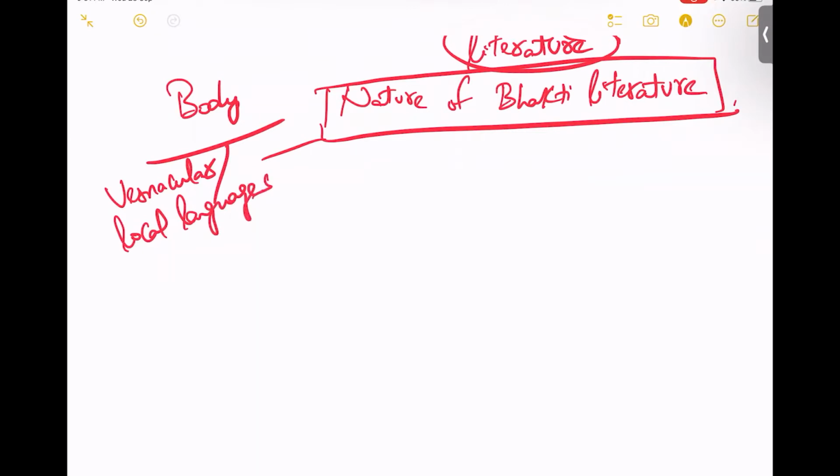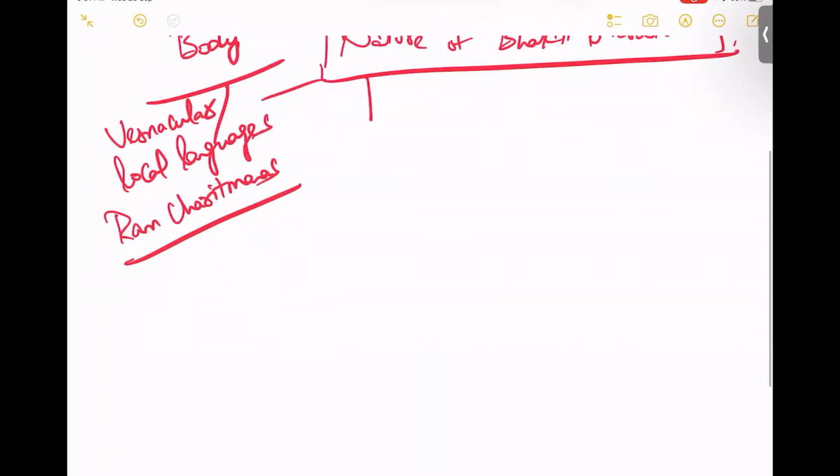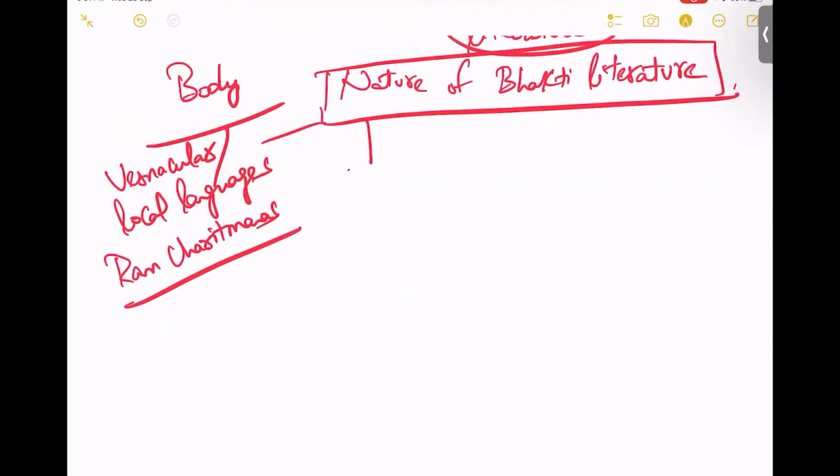For example, Ramcharitmanas was composed in local language. And then the Bhakti movement was inclusive in nature. Anyone who had inclination towards God could be part of the Bhakti movement.